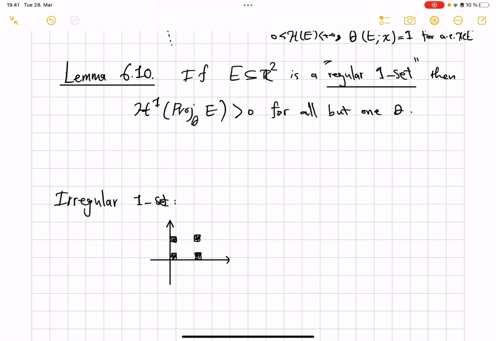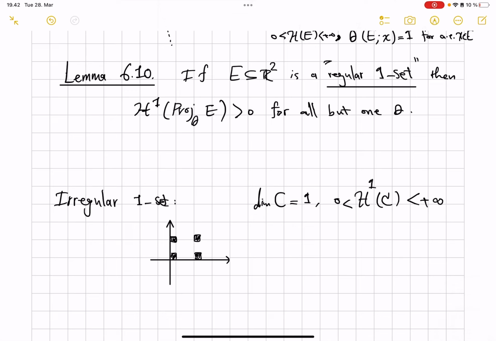This was a product of a 0.5 dimensional Cantor set with itself, so it was C cross C. And from, for example, our dimension of product sets results, we know that the dimension of this set is actually 1, so let's call it just C. And actually H1 of C is also equal to 1, but we don't care about that, only that it's finite and positive.